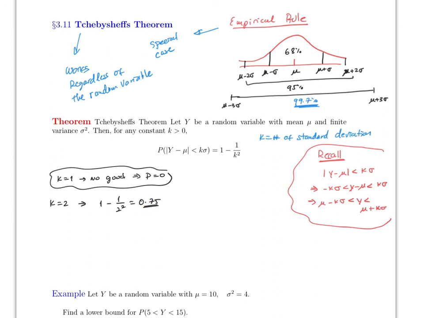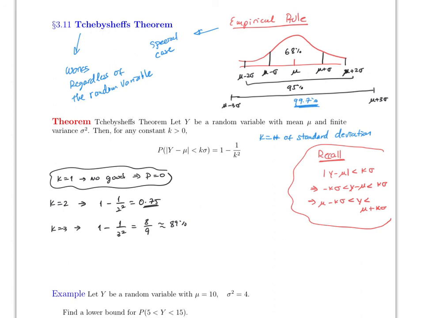Notice that the empirical rule has much more than that, so this is more conservative. If you move 3 standard deviations, then it will be 1 over 3 squared, or 1 over 9, which is around 89%, which again is less than the 3 standard deviations from the empirical rule.